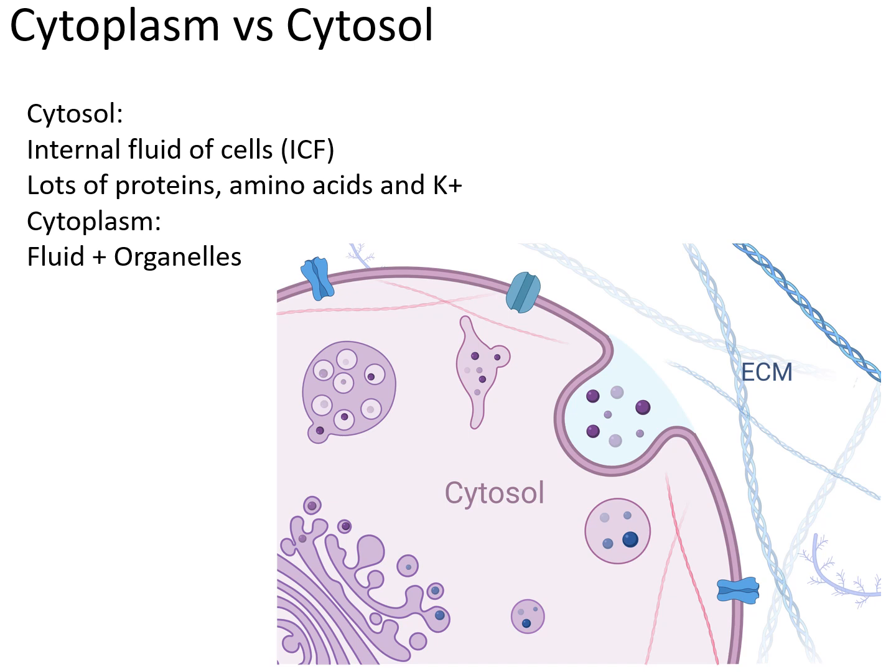The cytosol is the liquid that is on the inside of the cell. Some of you might be saying, wait, I thought that was the intracellular fluid, or the ICF. Yeah, kind of. If we're talking about one cell, then we would call the fluid on the inside of the cell the cytosol.